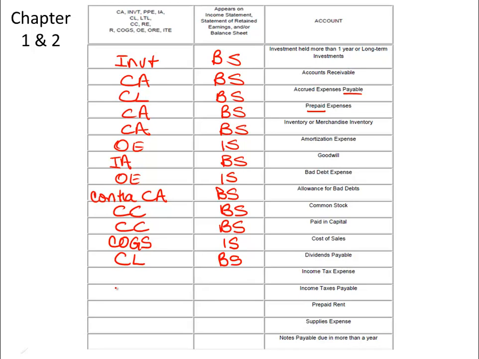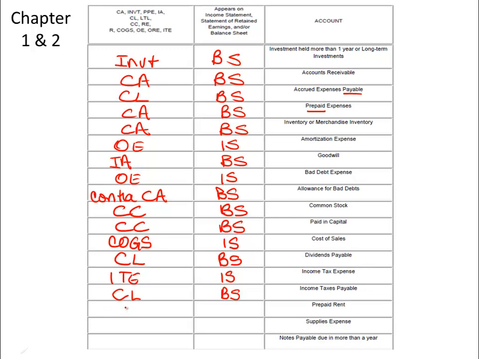Income tax expense is income tax expense and has its own special line on the income statement because you have to figure net income before tax in order to compute the amount of the income tax expense. Whereas income taxes payable is the current liability on the balance sheet, which says we owe the IRS or state taxing authorities money.